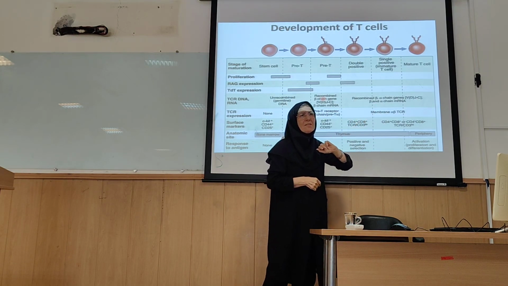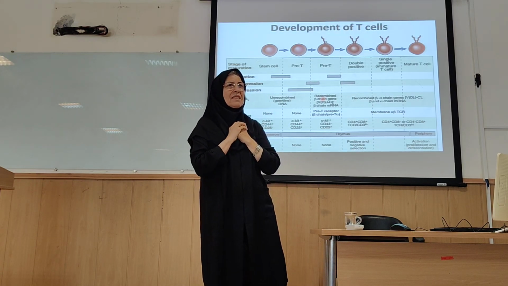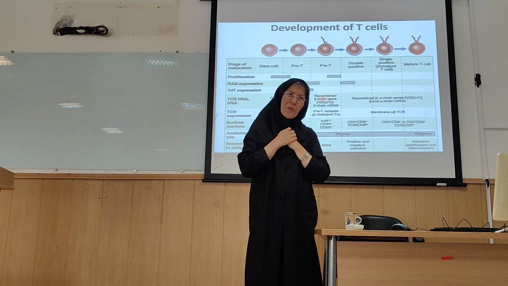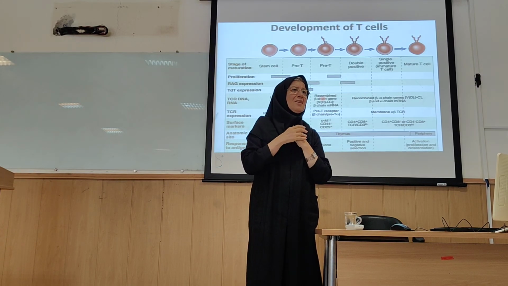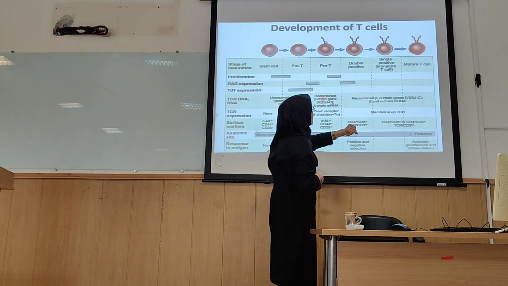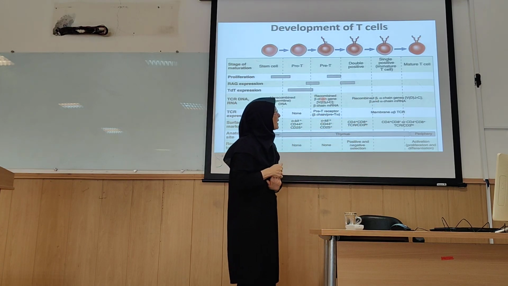And single positive, or immature T cell. What is the meaning of single positive? They have CD4 or CD8, yes. They express CD4 or CD8 in this stage. And after that, immature T cells develop to mature T cells.